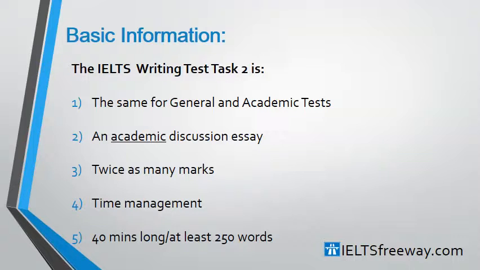However, you won't get extra marks for writing, say, 300 words or 350 words, but you do need to reach the minimum word count of 250. In a later video, I will give you the exact step-by-step process to manage your time effectively to do this essay in the 40 minutes.